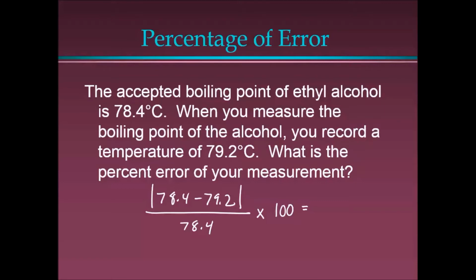Definitely not. 24. No. No? Okay, let's take out your calculators. Let's try this together. 78.4 minus 79.2. Hit enter. All right? Divide by 78.4, hit enter. Negative 1. Times 100. What is it? Negative.